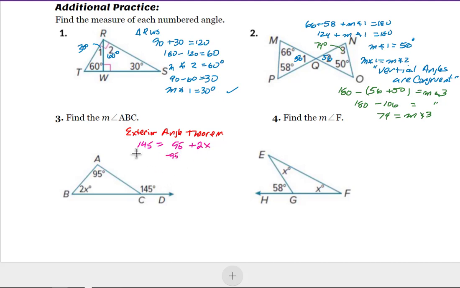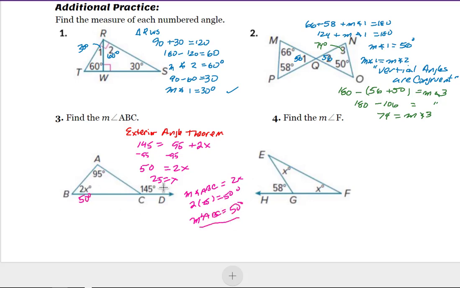If we take 95 away from both sides, we have 2x is equal to 50, which means that x is equal to 25. But now they want us to find the measure of angle ABC. Angle ABC is 2x, and 2 times 25 gives us 50. So the measure of angle ABC must be 50 degrees.